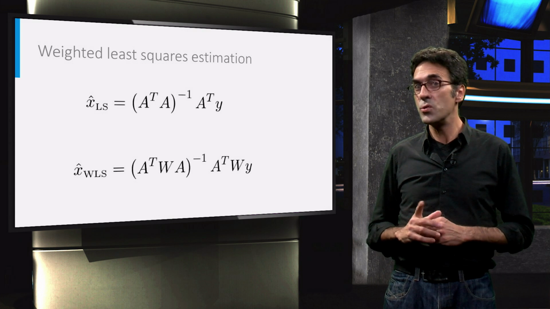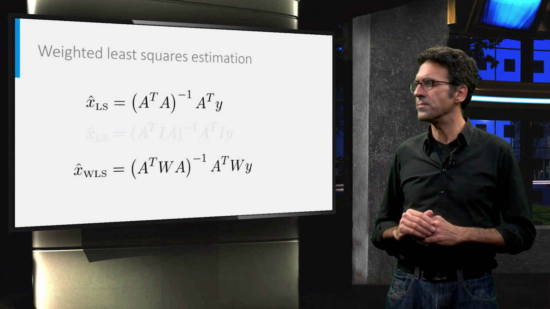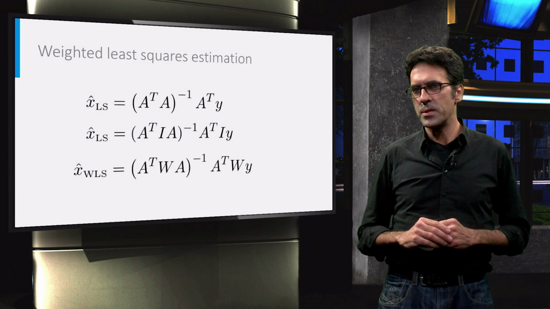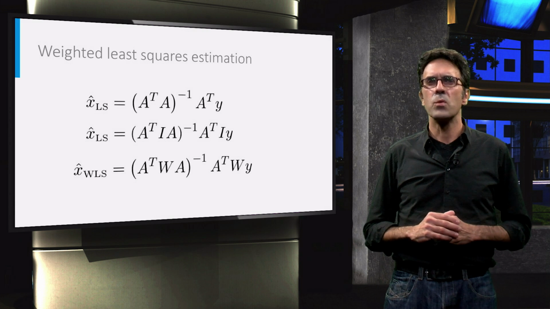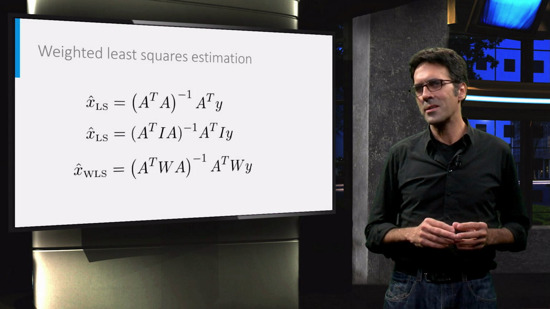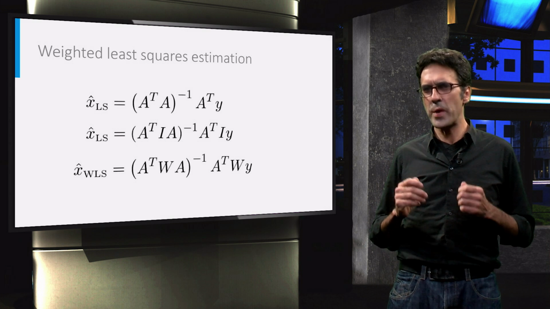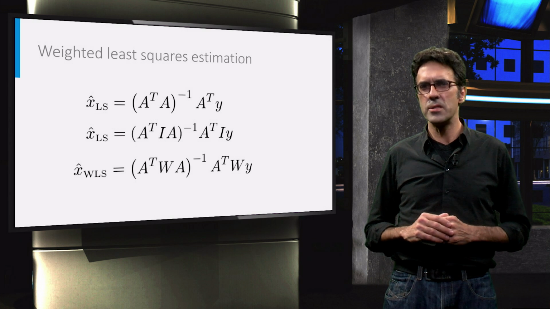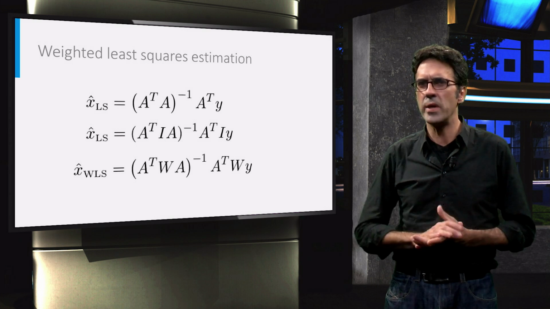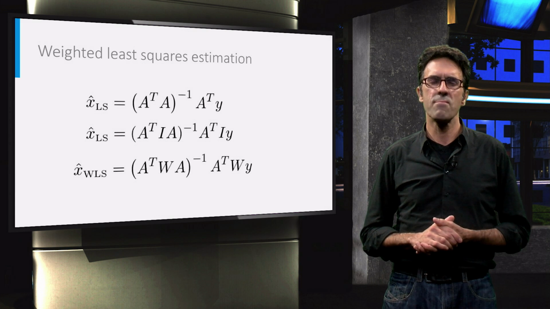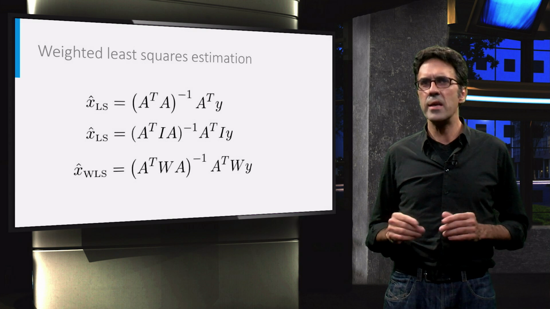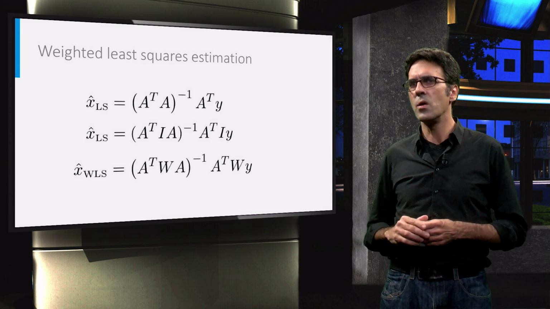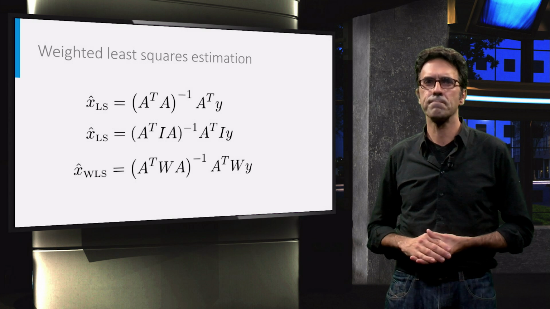If we would insert a unit matrix as a weight matrix, which means that the W matrix is a diagonal matrix with ones on the diagonal, we see that the unweighted least squares estimator can actually be considered to be a special case of the weighted least squares estimator. It is a special case because all weights in the weight matrix are then equal. For this reason, it is okay if you would forget the first equation, the upper one over here, and only remember the one with the weighted observations down here.